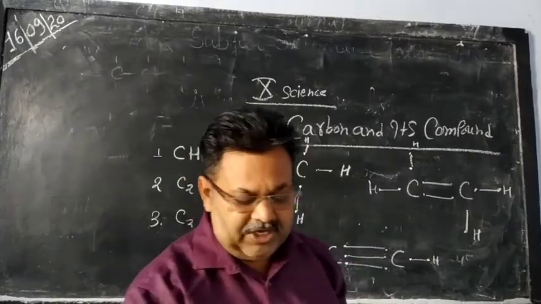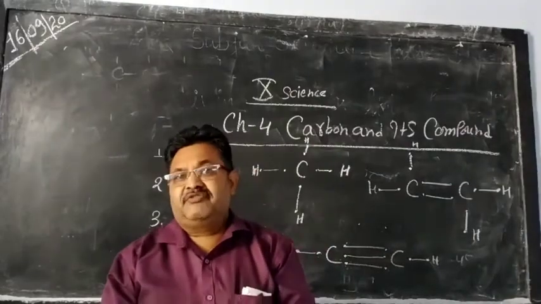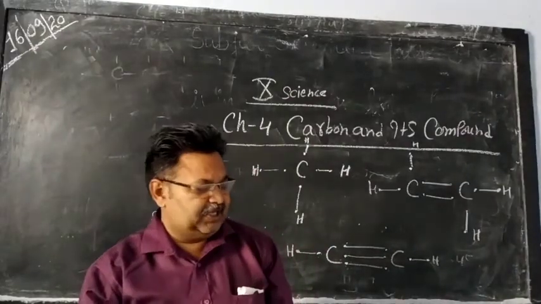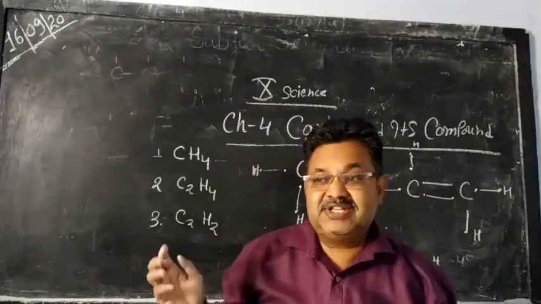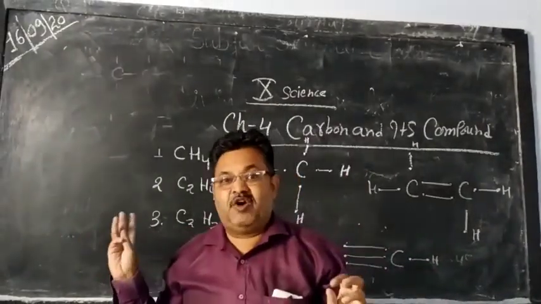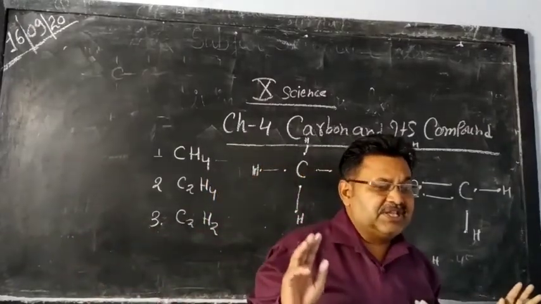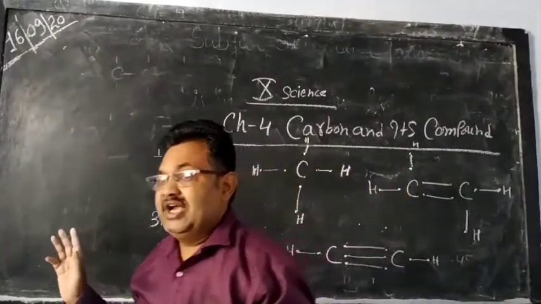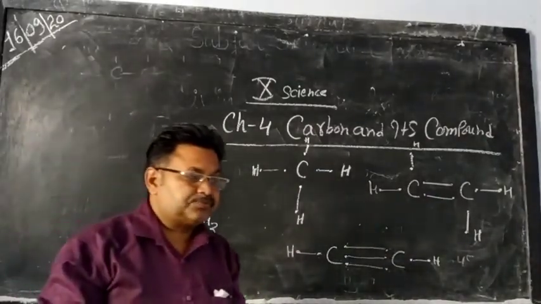So compounds that have the same chemical property but differences in physical property are known as allotropes. So we have discussed three forms of allotropes of carbon. First one is diamond, second one is graphite, and third one is fullerene or Buckminster.